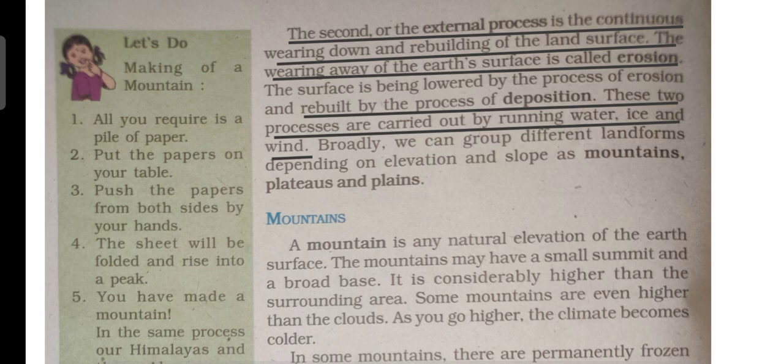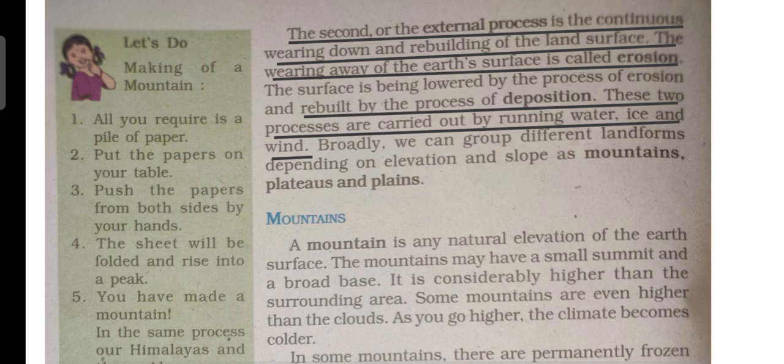So, children, basically erosion and deposition are parts of external process that occurs on the surface of the earth. And erosion and deposition take place due to natural agents like water, ice, and wind.